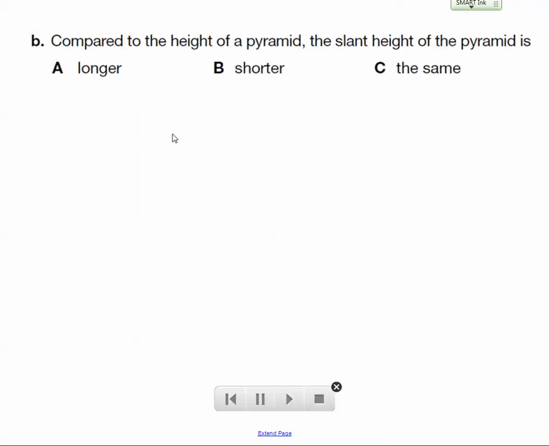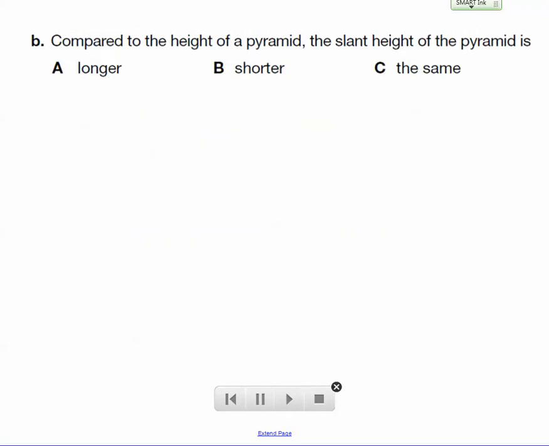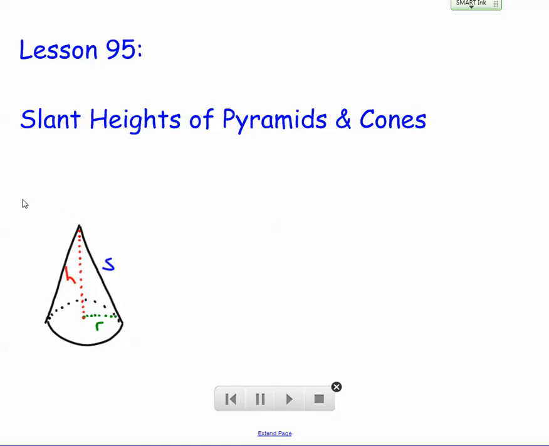All right, so compared to the height of a pyramid, the slant height of the pyramid is always what? Well, if you look back here at this original picture, is it longer, shorter, or the same? The slant height is always the hypotenuse of that right triangle.